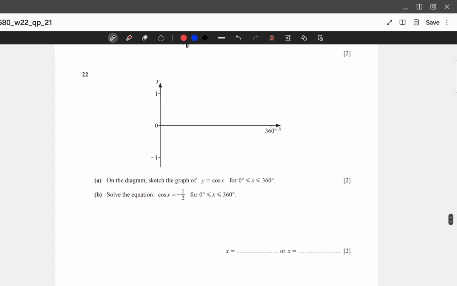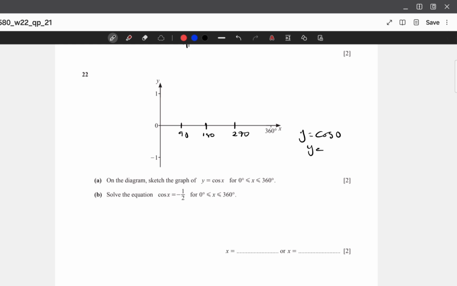For this second one, they say on the diagram, sketch a graph of y equals cos x for 0 is less than or equal to x and x is less than or equal to 360. So I can divide this as 0, 90, 180, 270. When x is 0, y equals cos 0.